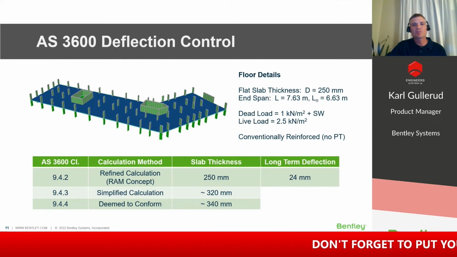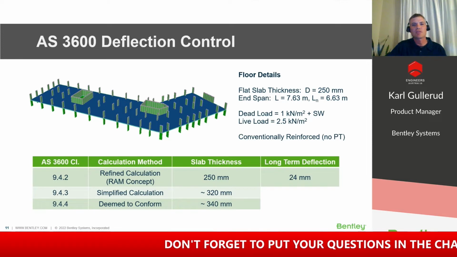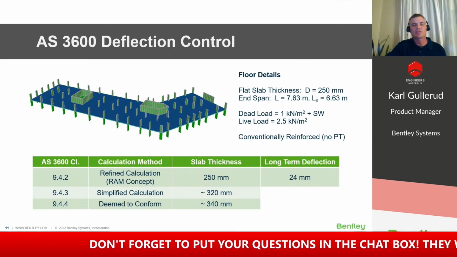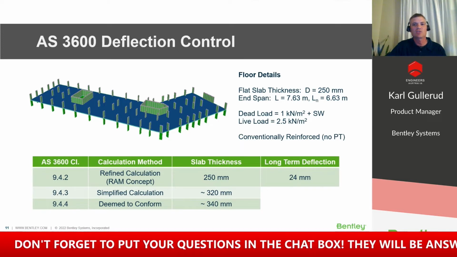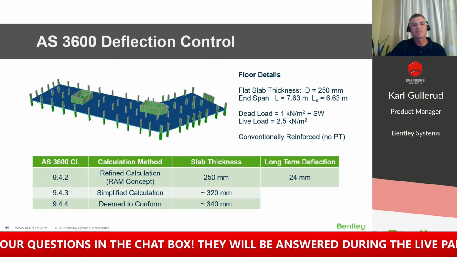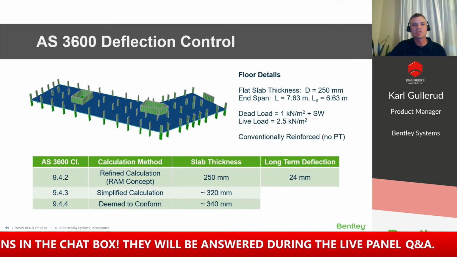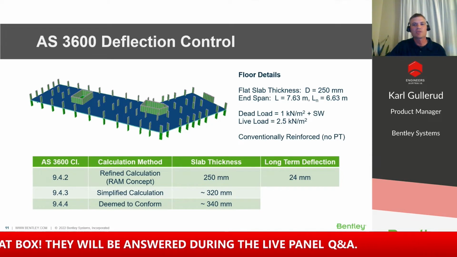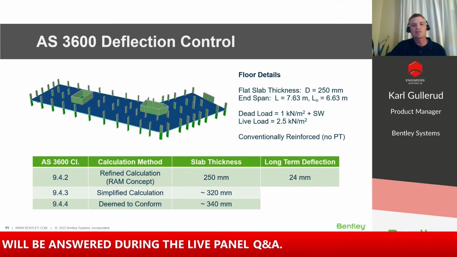This real-world slab deflection example illustrates how the predicted slab thickness required to meet a target deflection limit changes for each of the three AS 3600 methods. As expected, we can achieve the same deflection control with a thinner slab as the calculation method becomes more refined.